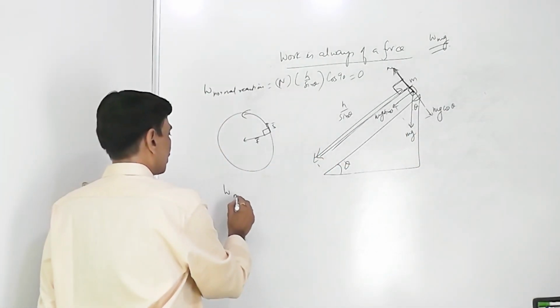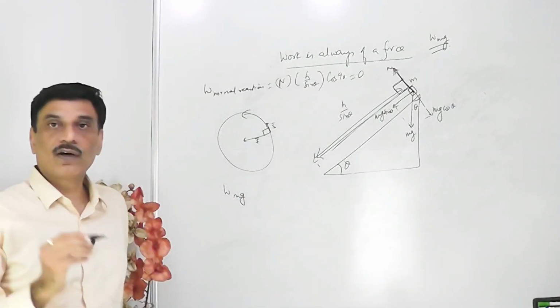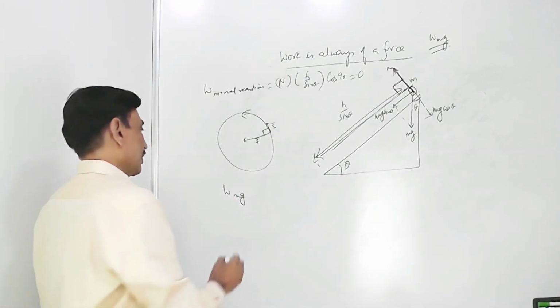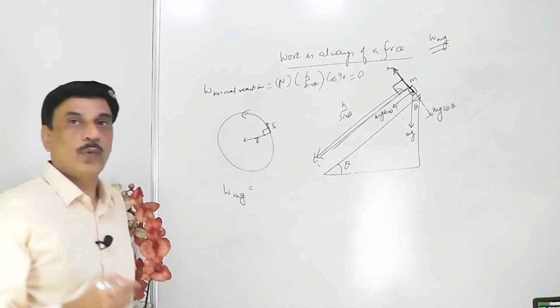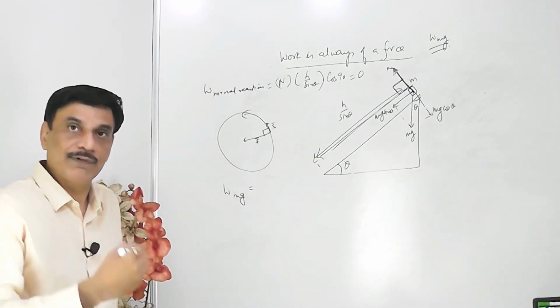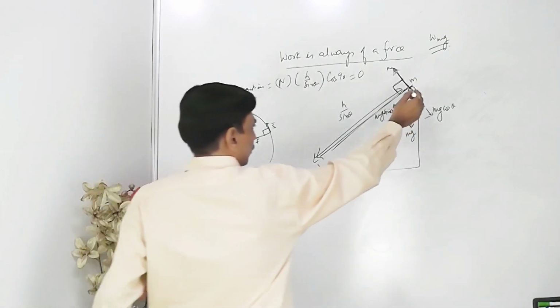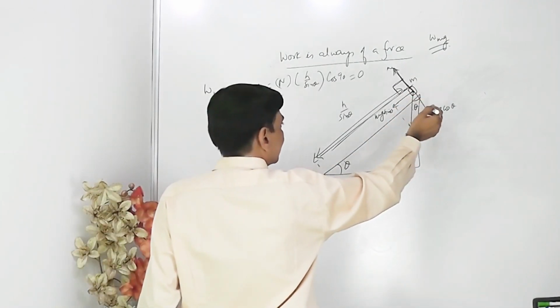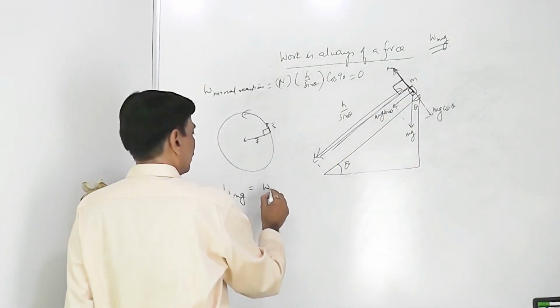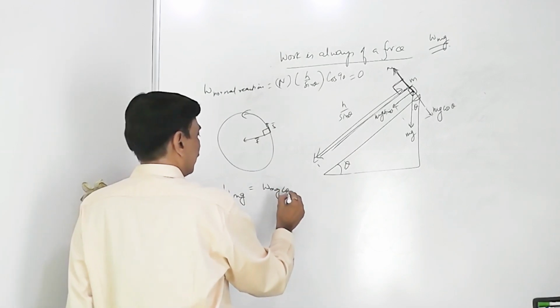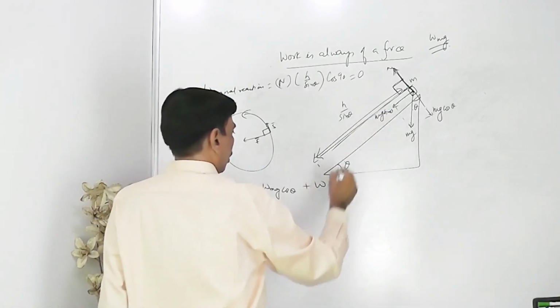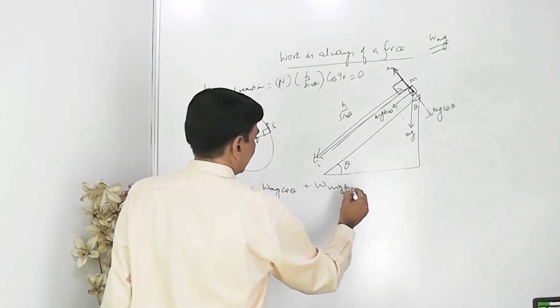So now what we are doing is, instead of finding directly the work of mg, can we do, that is, work of mg is also equal to work done by its components individually. Because this force is now being represented by its components, it should be equal to work done by mg cos theta plus work of mg sin theta.